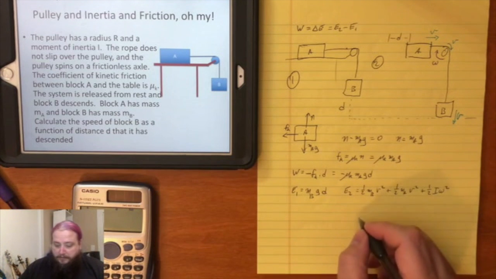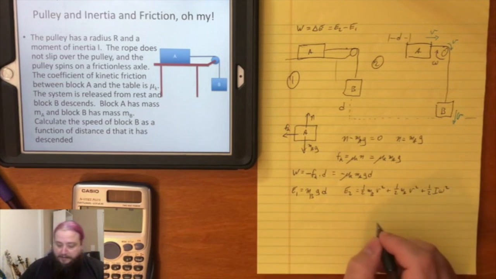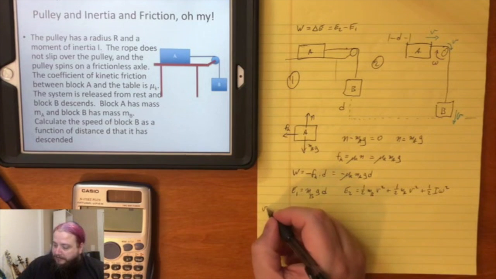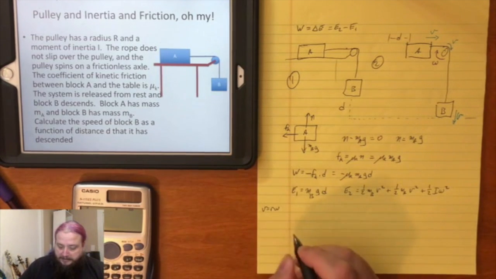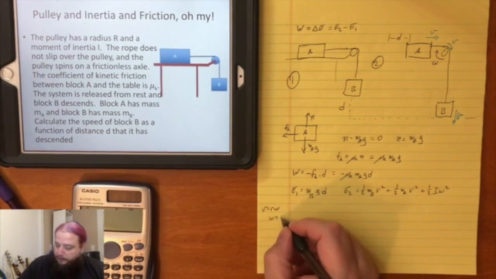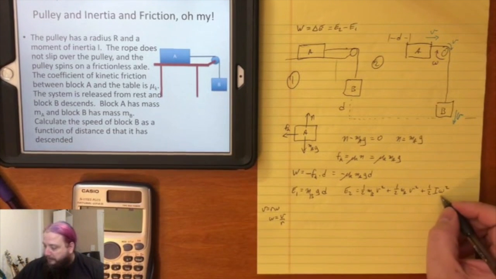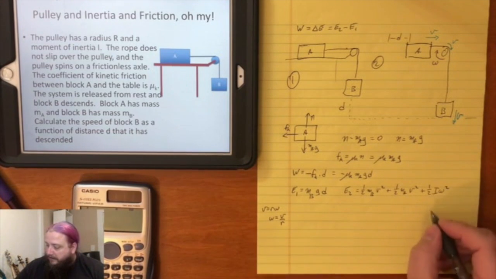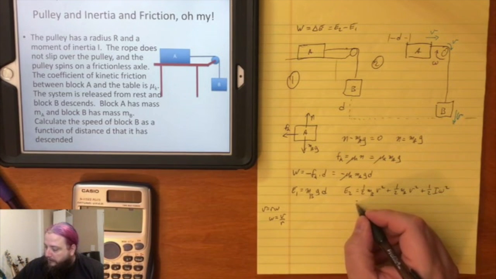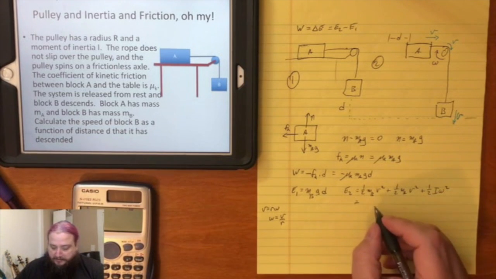And the pulley has a rolling without slipping condition, so V equals R omega, or omega equals V over R. So this term over here, we'll just rewrite the rest of this.